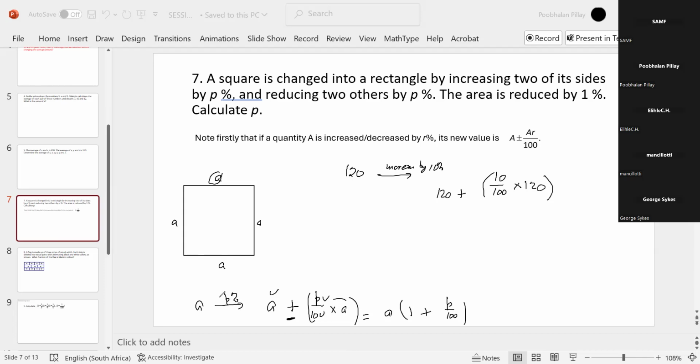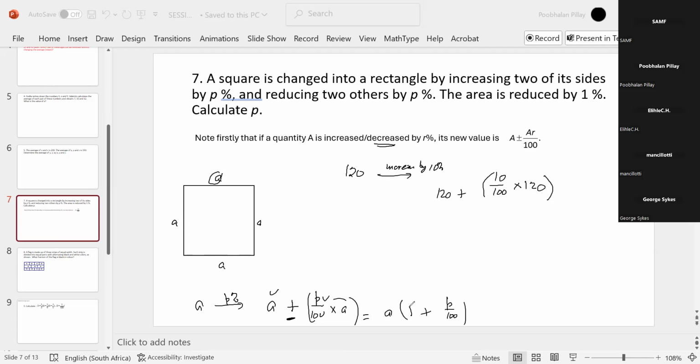So when you increase something by P%, you're going to get that. That's what I've got here. Firstly, if a quantity A is increased by R%, its new value is A plus AR over 100. But I've also got decrease here, because in this problem you're also reducing. One side is increased and the other is decreased.